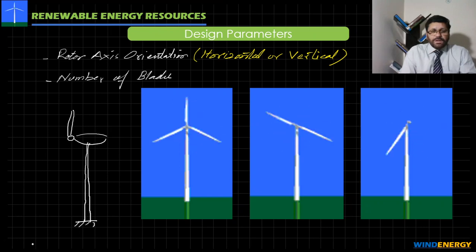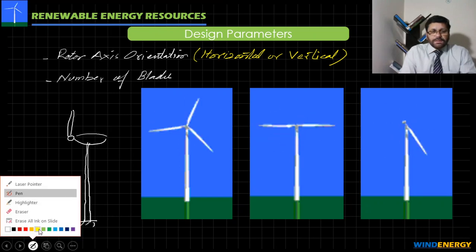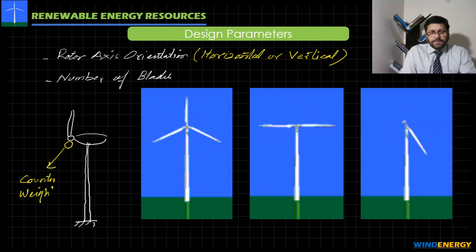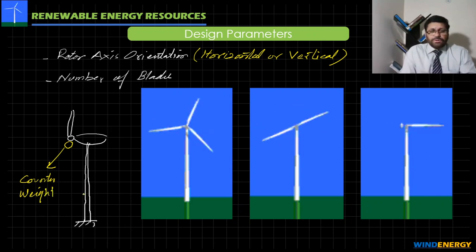Now the limitation of a one blade turbine would be that to counterbalance the weight of this one blade, you have to have some counterweight attached with it. So to balance this is an additional expenditure. Still we would be having one blade, but we need the attachment of the counterweight. So this is the limitation, a disadvantage of having a one blade wind turbine.